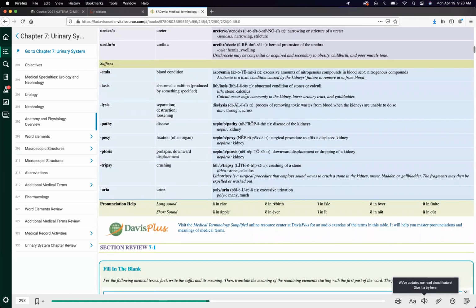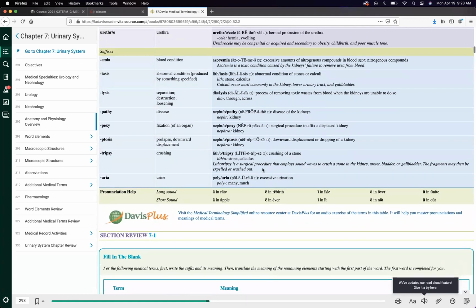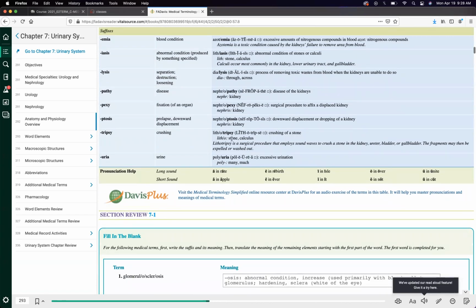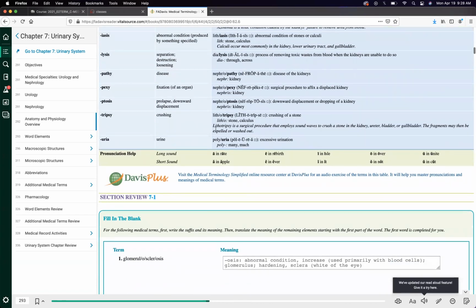Lithotripsy, that's what we do with a patient who has a calculi or lithiasis. We go in there and we crush it. We either crush it physically or we use sound waves. We use even fiber optic explosives. There's a whole bunch of things we do for lithotripsy.